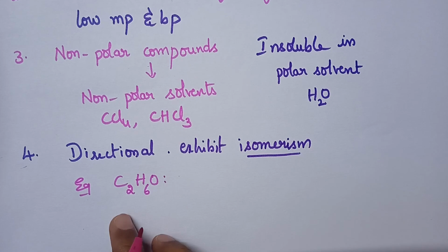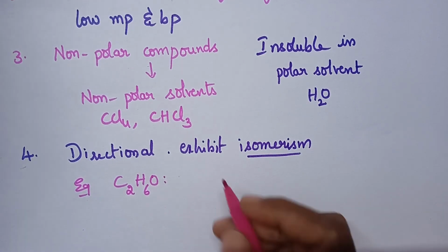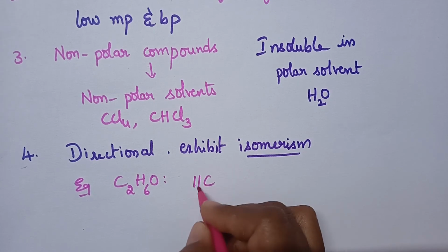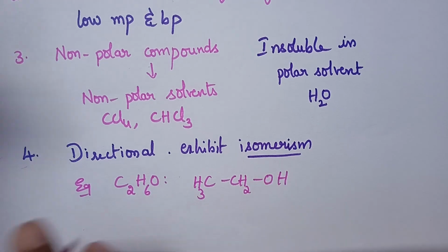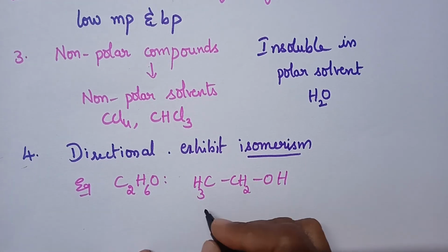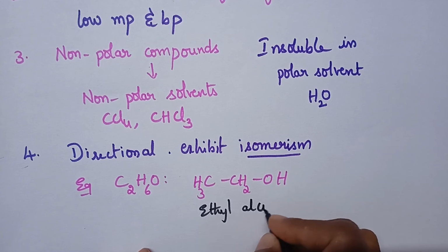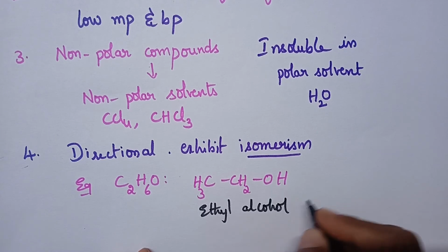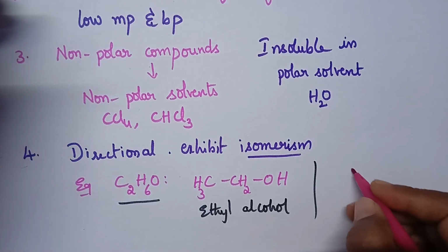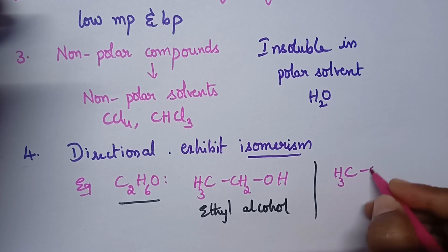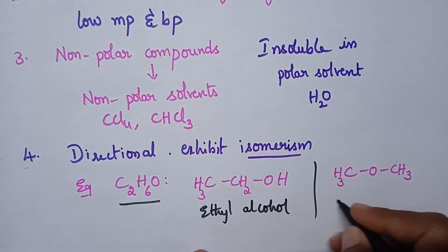C2H6O. By using this molecular formula we can write two different structures, that is CH3CH2OH. It is called ethyl alcohol. What is the name of this compound, students? Ethyl alcohol. And by using the same molecular formula, we can also write CH3OCH3. It is called dimethyl ether.